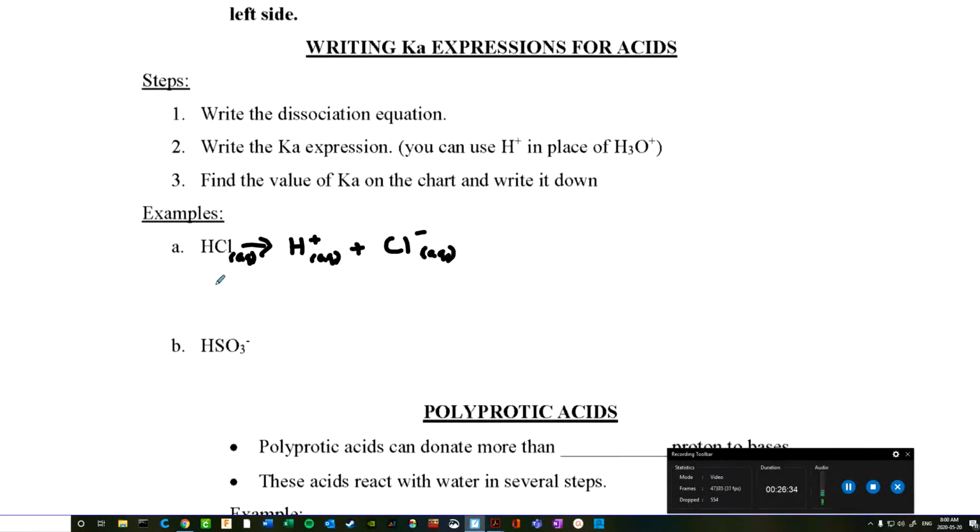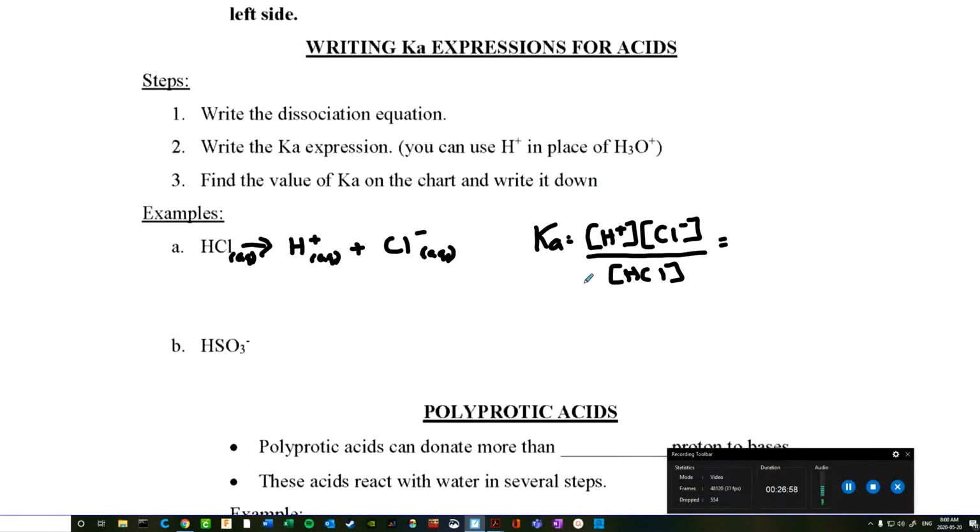Okay, so when I write Ka, what I would do is I would write Ka equals H plus concentration times the Cl minus concentration over the concentration of HCl.